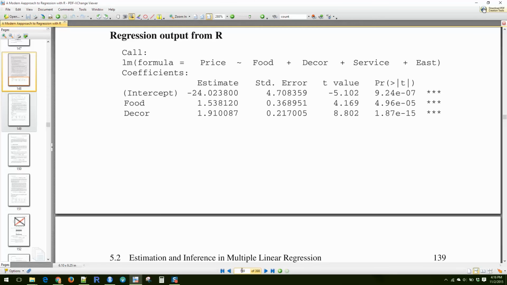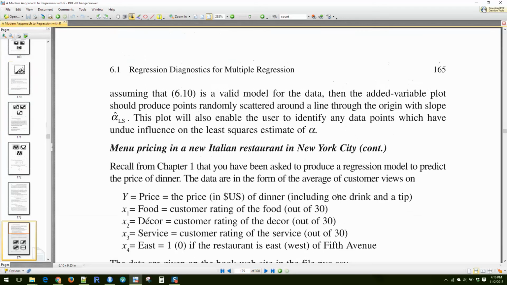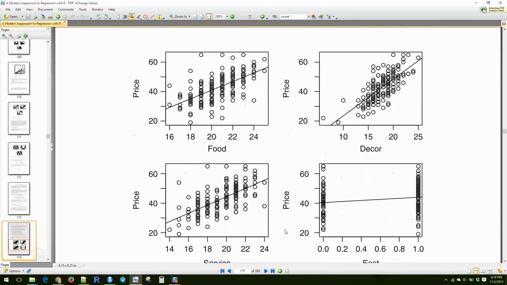So how is that the case when clearly looking at this, it seems like there's a positive linear relationship, okay? Any ideas as to why this might be happening?